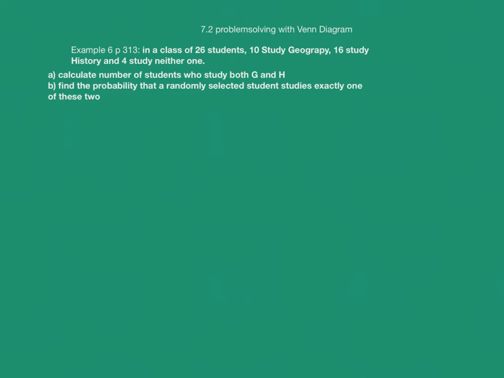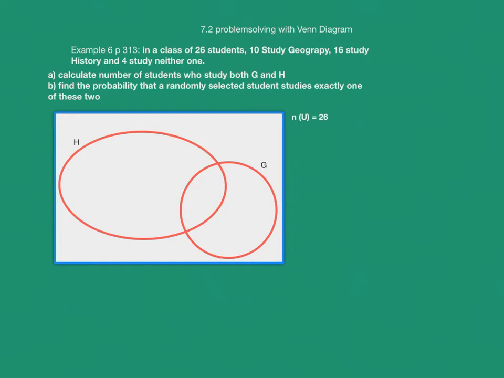So we'll make a Venn diagram for this situation then. So this is our Venn diagram, and we have a circle for history and we have one for geography. And we could also say something about the number of elements in each set. And we could write this with this notation here, n, and then parentheses, h.